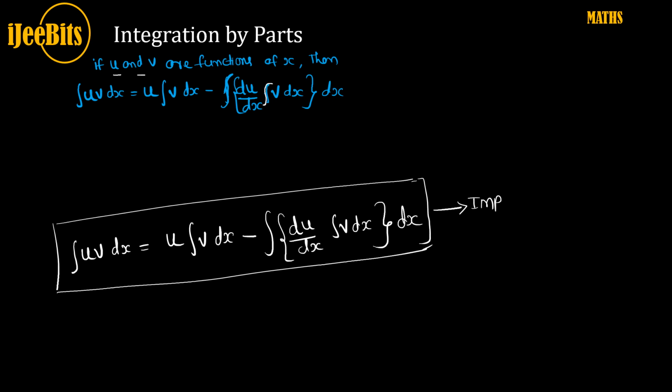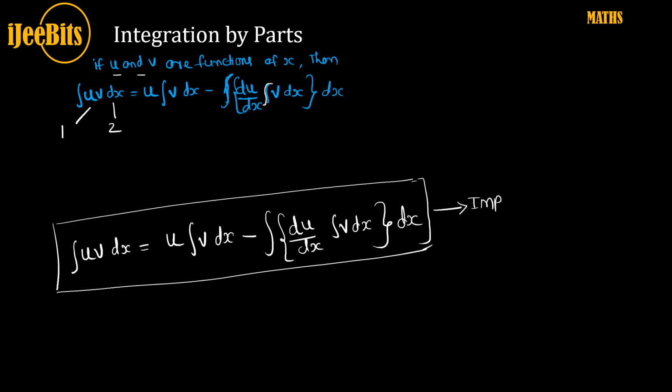I'm reiterating. Let's say this is the first function, this is the second function. So first function multiplied by integration of second function, minus integral of differentiation of first function times integration of second function dx, is what basically integration by parts is, right?